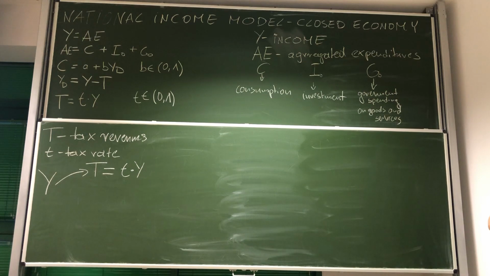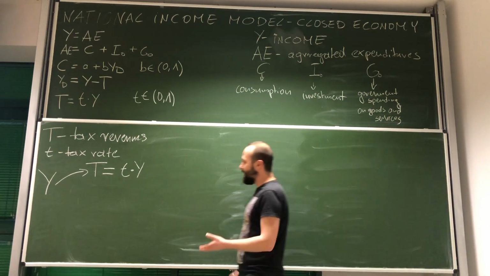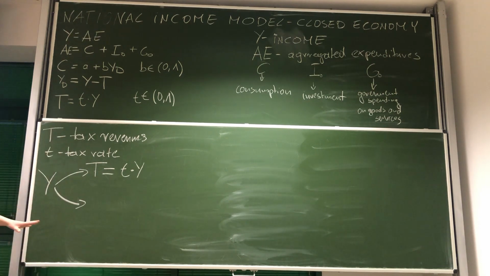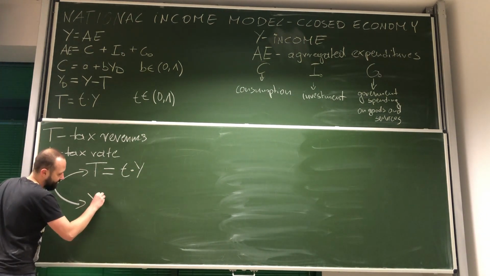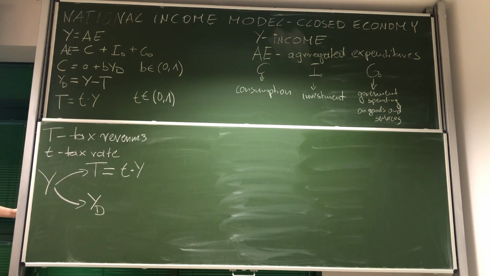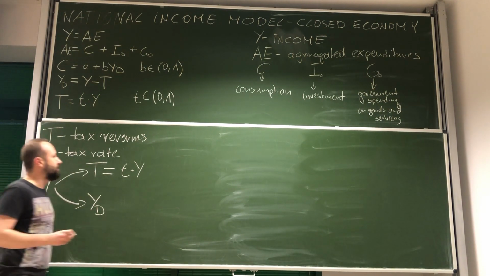Now, what happens with the rest? Well, the rest goes to the households, and now they can actually spend it. So look, this is the income of the households, but before it goes to the household, part of it goes to the government, and what is left for the households is YD.